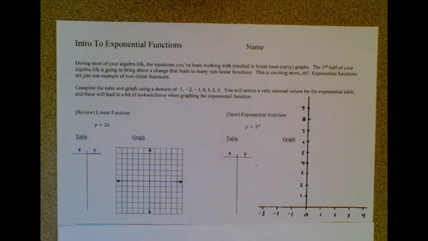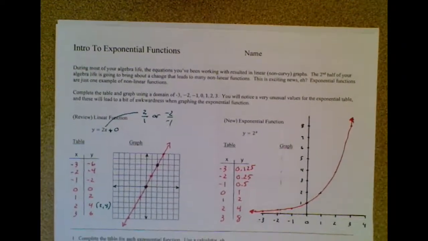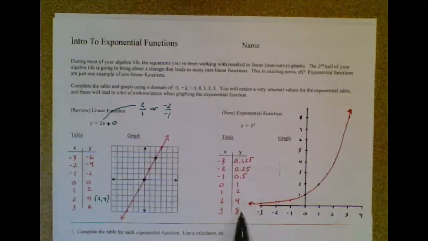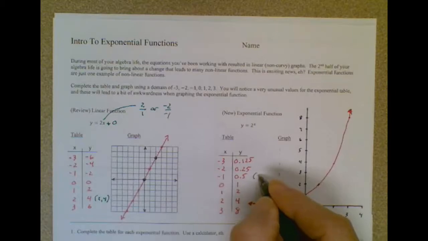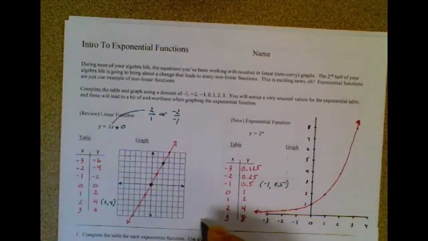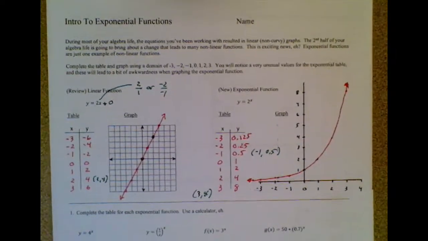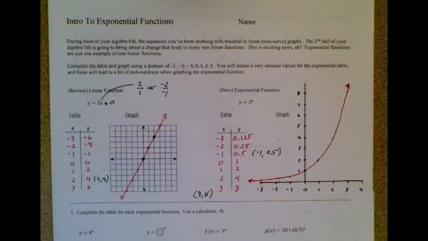So I'm going to remind you of how you can get those values on the calculator, but after you get those values on the calculator, you should be able to get your y values, which makes any one of these an ordered pair. For example, -1, 0.5, or 3, 8. And then you could just graph those and you could get this curvy exponential function.